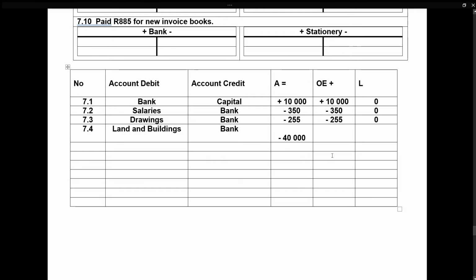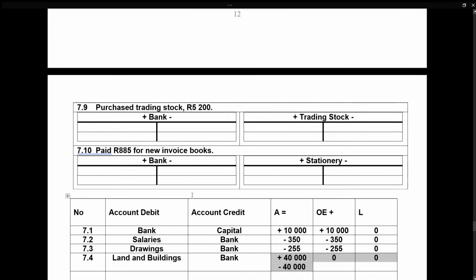Land and buildings is also an asset, therefore under assets it will also be plus 40,000 Rand. Right, we did not work with owner's equity, we did not work with liabilities, therefore 40,000 minus 40,000 will equal 0. So technically 0 will equal 0 plus 0, therefore we've done this one correctly as well.